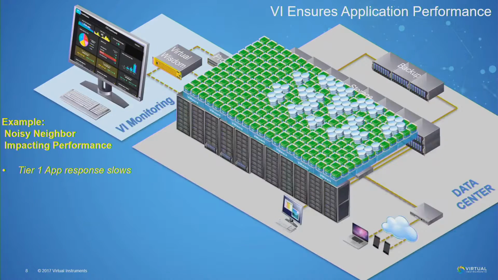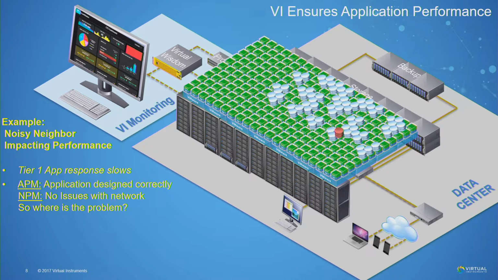So, the other part of our platform, well, here's an example of how we would solve an issue. We've got a noisy neighbor type issue where in this particular example, I've got a database that's getting some bad performance.